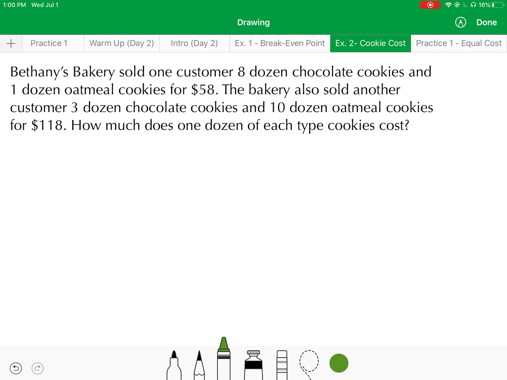Okay, I think the question there that's being posed is really important for helping us to understand what our variable should be. I'm going to say that my first variable x is the cost for 1 dozen chocolate cookies.